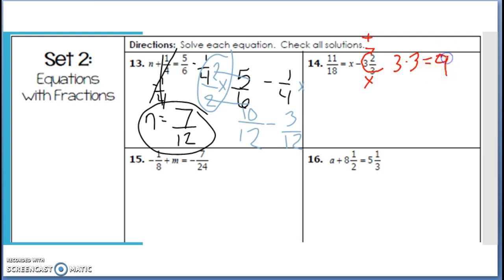Then we add the top, so plus 2. So 11 is our top number of our fraction, and then we keep the denominator. So we really have, instead of negative 3 2/3, we have negative 11/3. So the actual problem is 11/18 equals x minus 11/3. That's our problem.